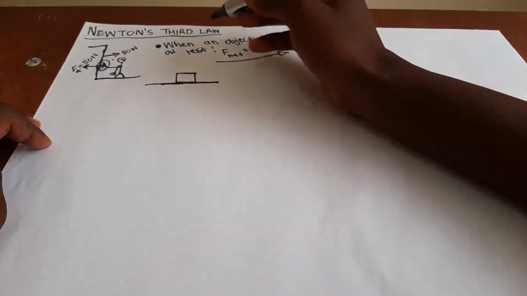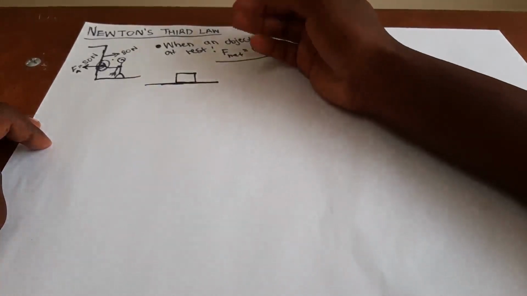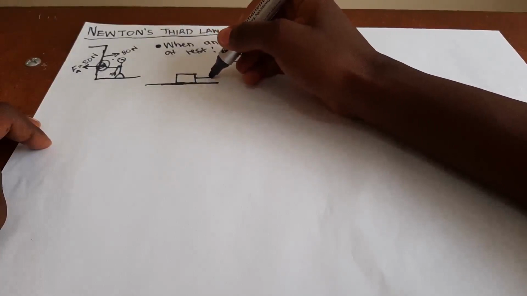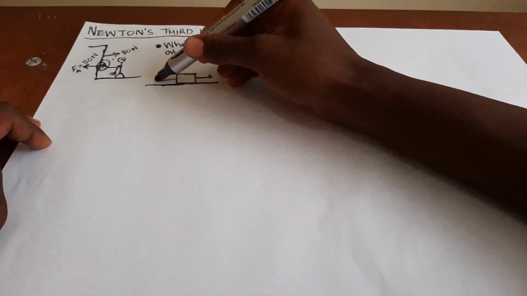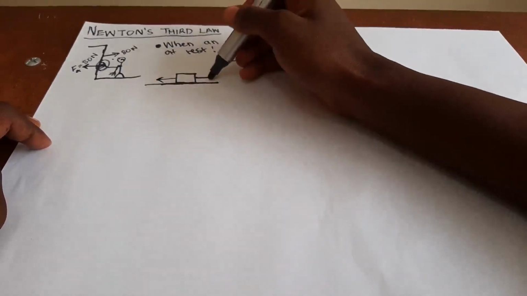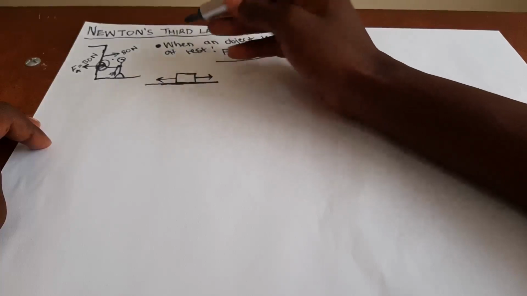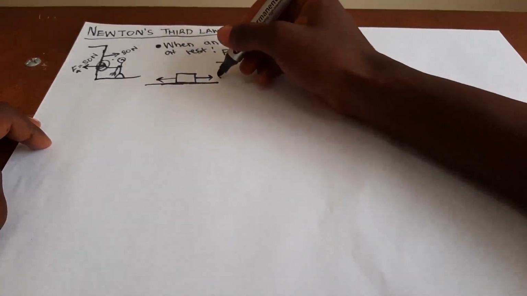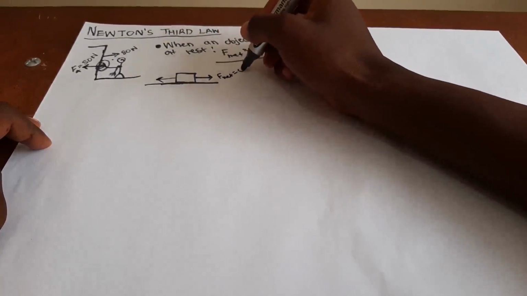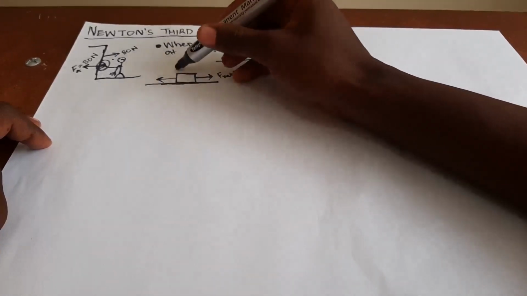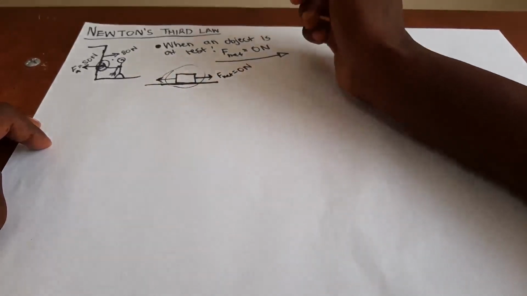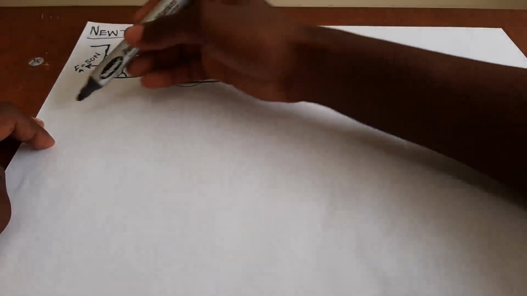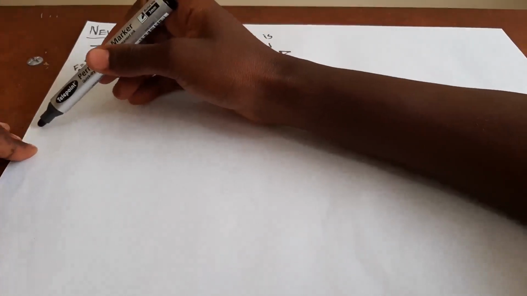The net force is equal to 0, meaning that the forces acting to this side and to this side come up to 0 newtons. This object is stable. Let's draw a table.